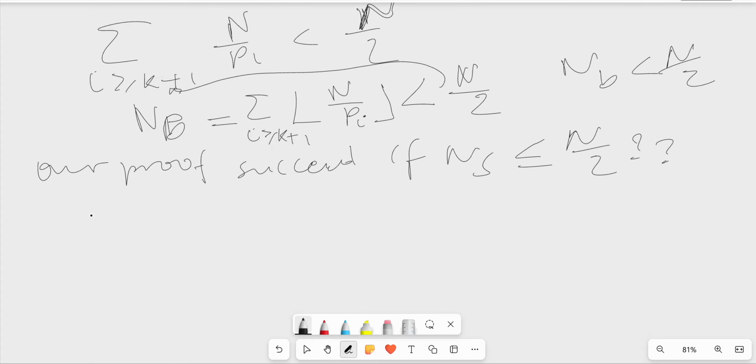NS, let's take any number which is at most n. Let's write it in this form: a_n times b_n squared, where a_n is the square free integer part.